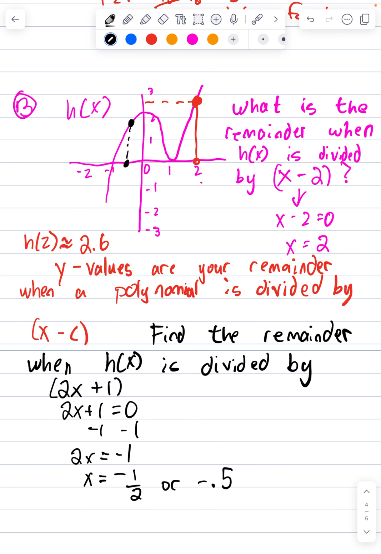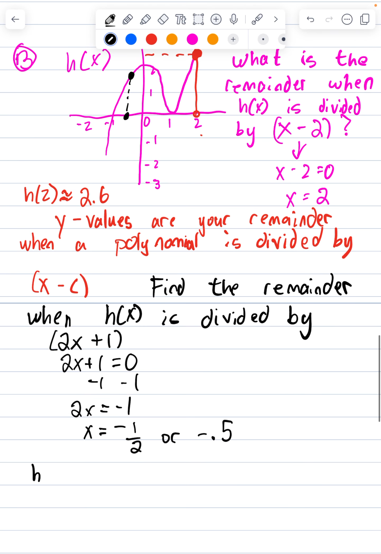So h of negative 1/2, the zero of this factor, equals about 1.8. That's how you can do the question graphically.